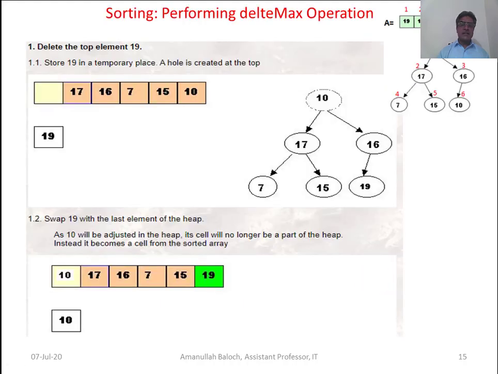Here we are discussing the situation where 19 was the root and 10 was at the location at index number 6. When heap sort exchanges them, 10 will take the root and 19 will come at the last position, and this will become the status of the array.